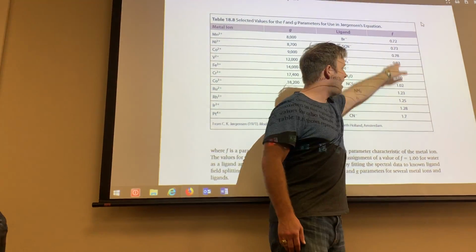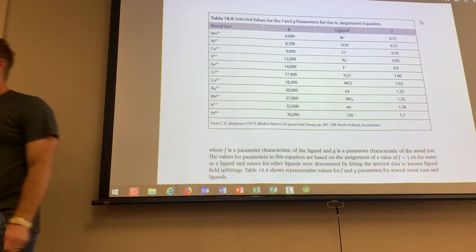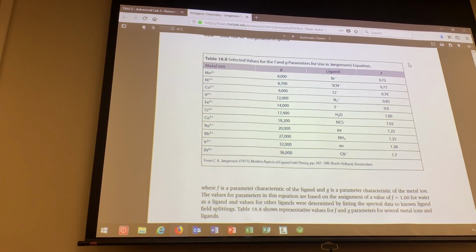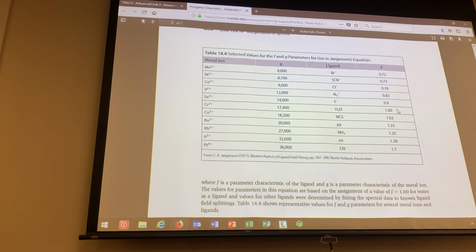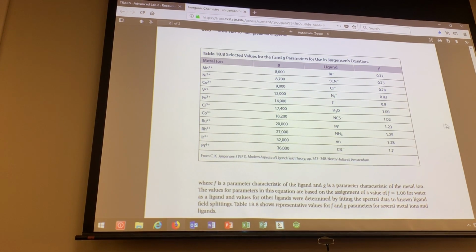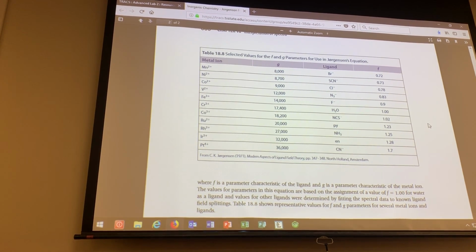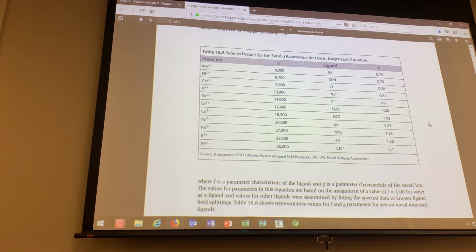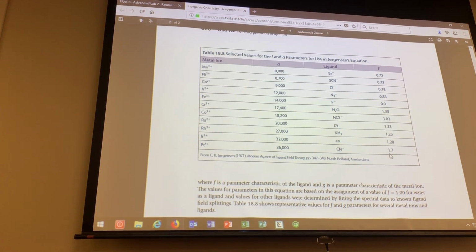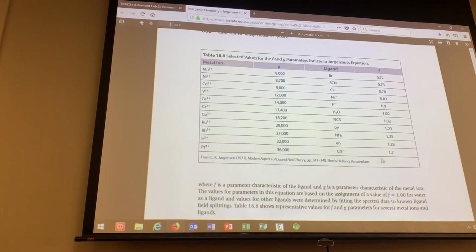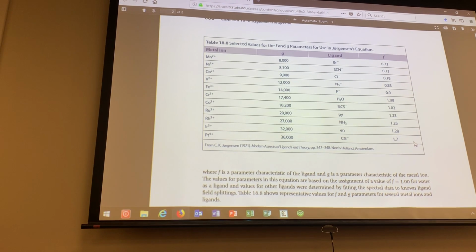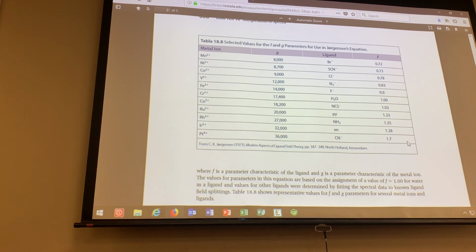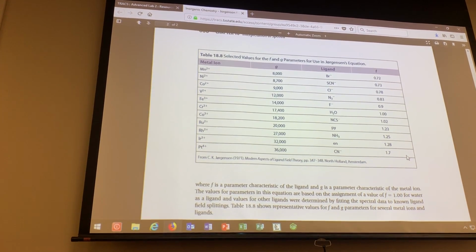And then these are F values for the various ligands. Now, you'll notice that a handful of ligands are on there. By default, water is listed at 1, and then these values move away from water, either more positive or more negative. It's kind of difficult because you have to deal with both electronegativity and pi accepting ability.